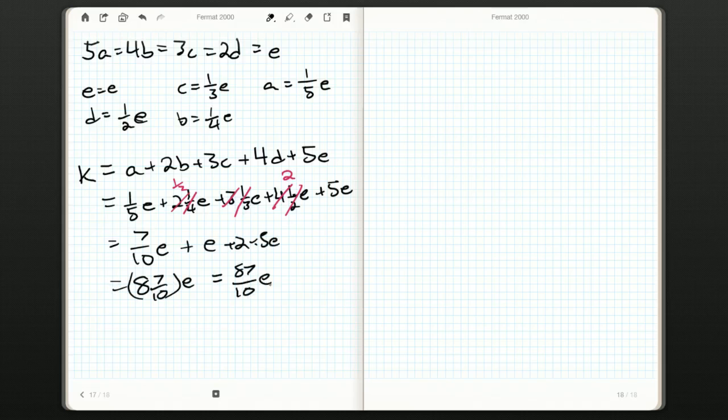Some other things I can notice right away, if these all have to be integers, A is going to have to be 1/5 of E, so E is going to be a multiple of 5. E's also got to be a multiple of 4 and a multiple of 3. So E is going to be at least 60, I think.